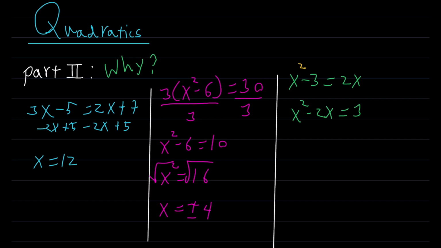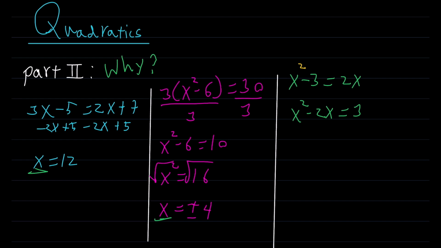You can't really square root because then you'd be square rooting the entire thing, and that wouldn't work so well. You can't combine these terms because this one has a squared on it, this one doesn't. So where do you go? It turns out quite quickly with these quadratic equations, the rules of algebra we've used so far don't really seem to work. We can't seem to get x alone on one side, just like we've done before.